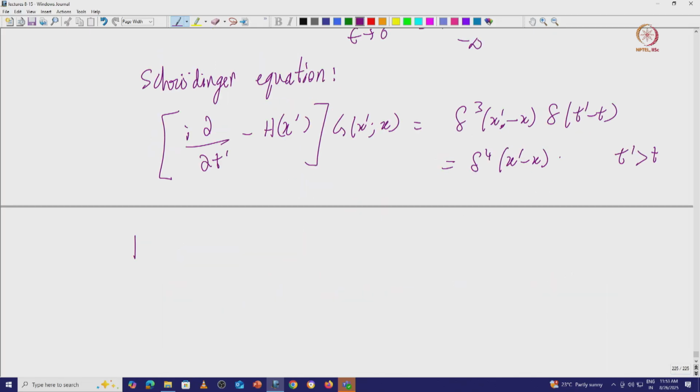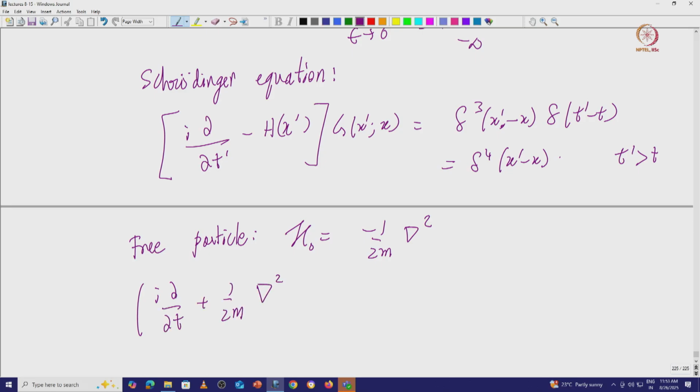Now for a free particle, H0 is equal to minus 1 by 2m nabla square. So this becomes (i del by del t plus 1 by 2m nabla square) G0 of x prime to x.